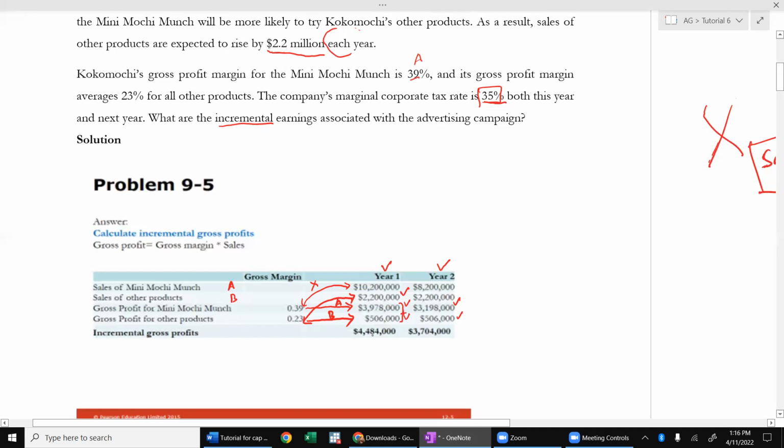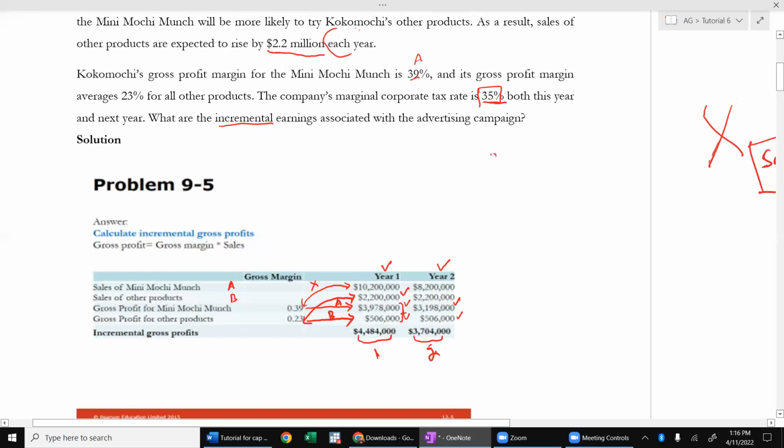Simply add them and you will get the incremental gross profit in year 1 and in year 2. So this is called incremental.